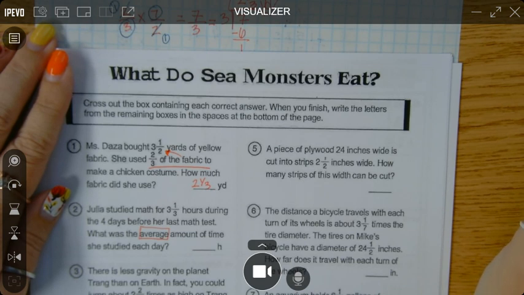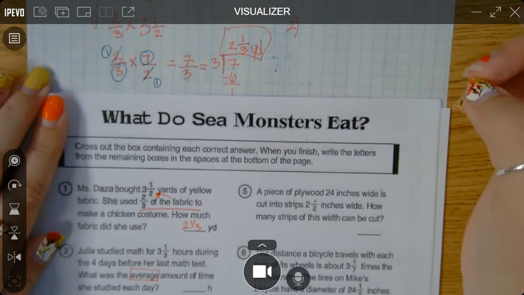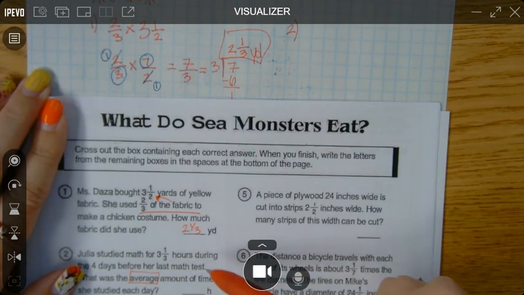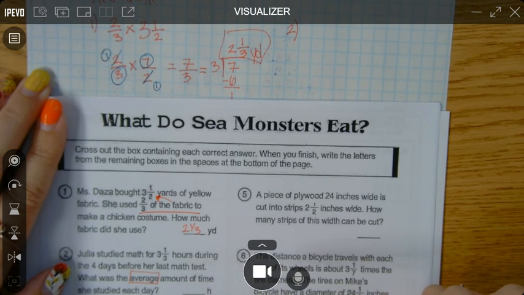One thing is, let's make these easy numbers. Like, you know that you don't add or subtract, but I can't figure out if I multiply or if I divide. So let's say I have 3.5 hours during the 4 days before her last test. So what was the average amount of time she studied each day?